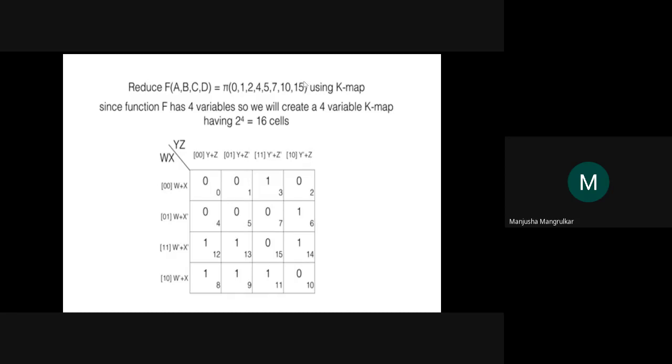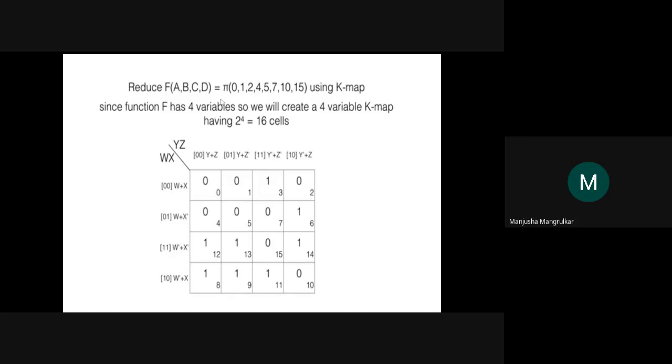Now the function for this is bracket w plus y bracket complete. The second term is x complement plus y complement plus z complement, bracket complete, then bracket open x plus y complement plus z.